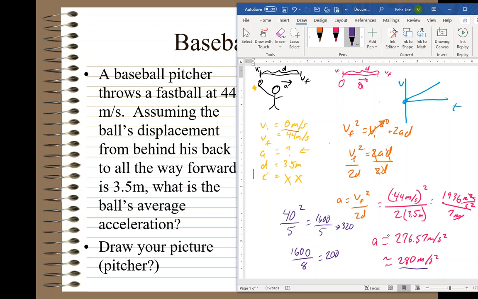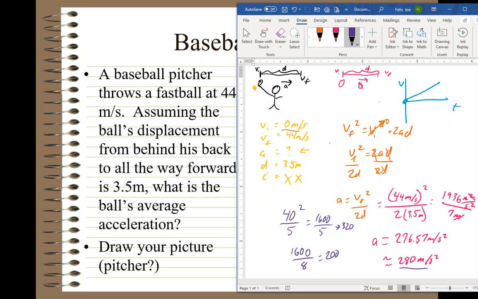Checking for reasonability. Is it reasonable to have an acceleration of 280 meters per second squared? Well, that's a tough one because we don't know much about it just yet. We don't know enough values to say, is that reasonable or not? But we can say the acceleration has to be pretty darn huge. We're going from 0 meters per second to 44 meters per second.